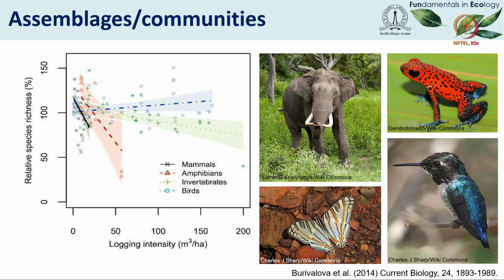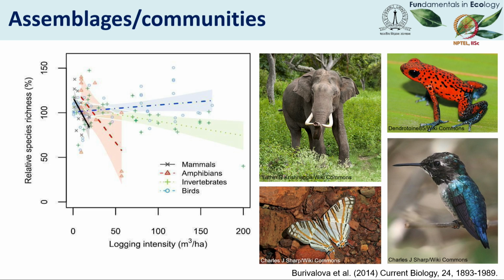How does the number of species change? So what you've got is a baseline of 100%. That's the number of species that is present in primary forest that has never been disturbed, never been logged, versus if you increase the intensity of timber removal, how does species richness change?